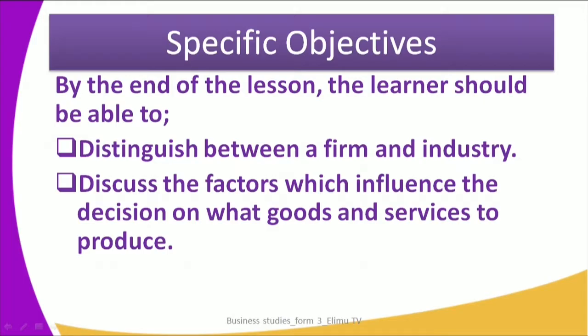Anytime you put up a farm or an industry, you just don't produce any product. Before you settle on which product to produce, there are a number of factors that you're supposed to consider, and you should get them right. We shall be looking at that in the course of our lesson.